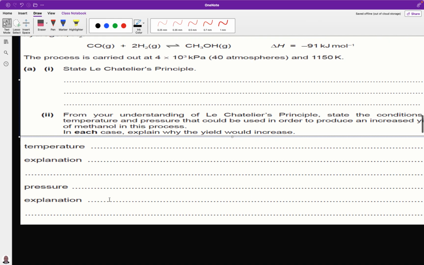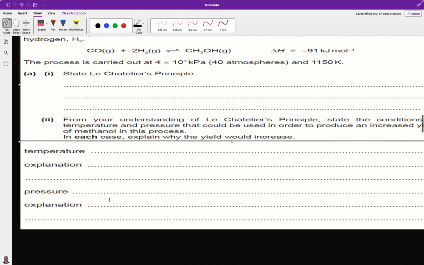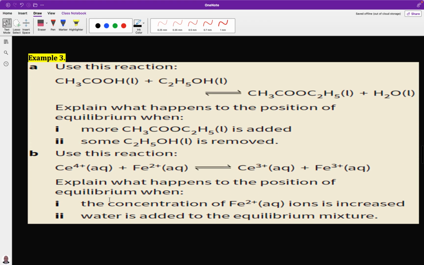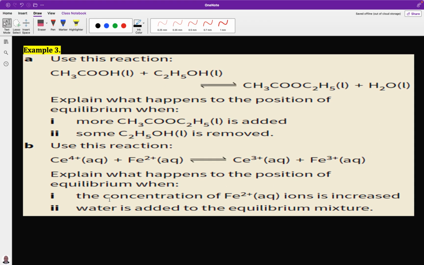Okay, then let's go to the next one, the third question. The third question here says, use this reaction. We have ethanoic acid and ethanol reacting in an equilibrium.